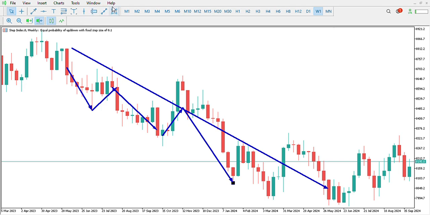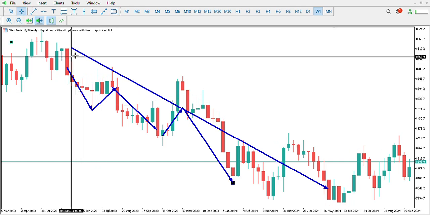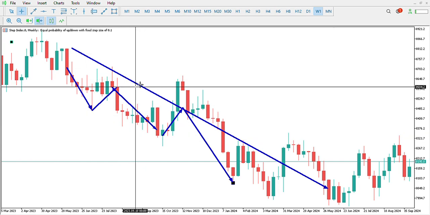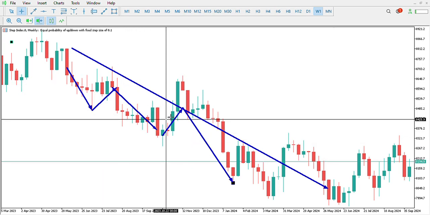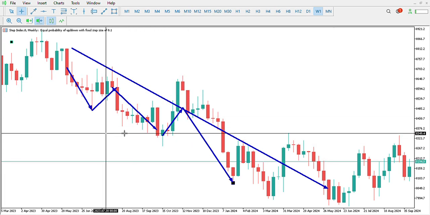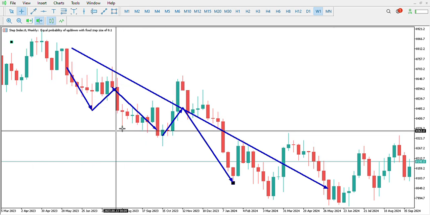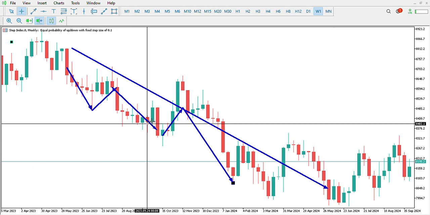Under the market structure, I told you yesterday, if it is a selling market, what do you know about the highs and the lows? A selling market will respect the high and it will break the low.